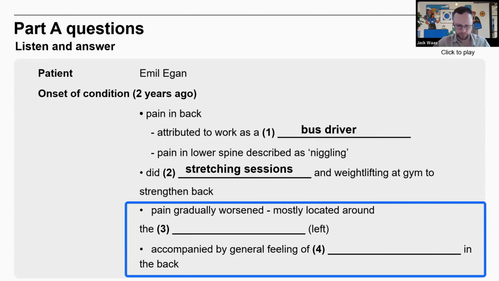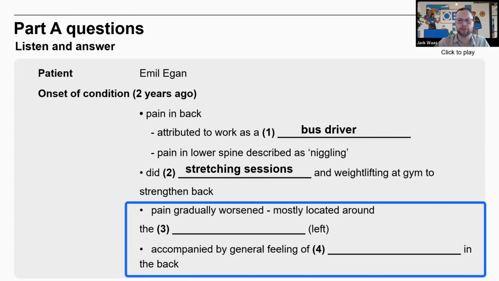Okay. So I started going to the gym because I've always been pretty fit. I'd do stretching sessions along with lots of weightlifting because I wanted to strengthen my back. I mean, it seemed like a good idea at the time. Sure. Anyway, things continued to get gradually worse until it got to the point where as soon as I sat down anywhere, I'd feel the pain come on. Right. It's mainly just above the glute and always on that left side. Mm-hmm. I don't know how best to describe it really, but my back just doesn't feel right. I guess you'd say there's some kind of stiffness there. Mm-hmm.